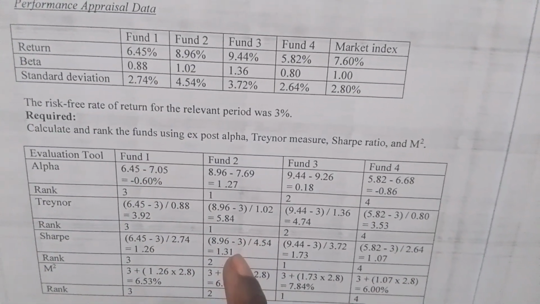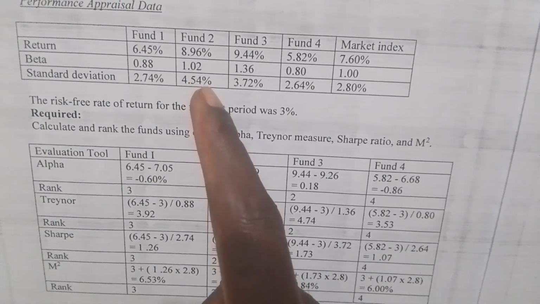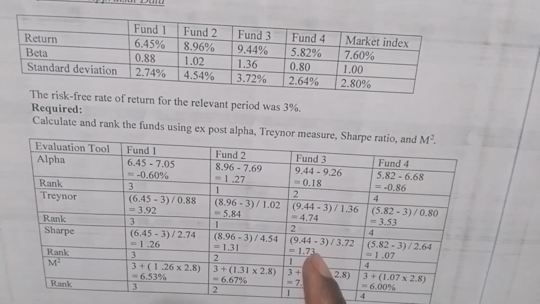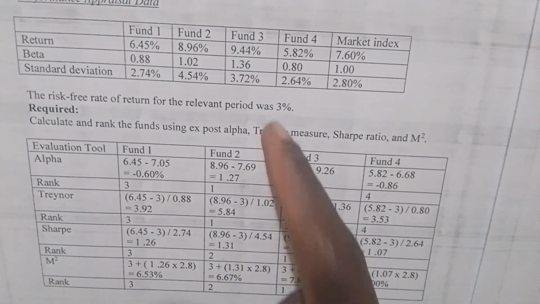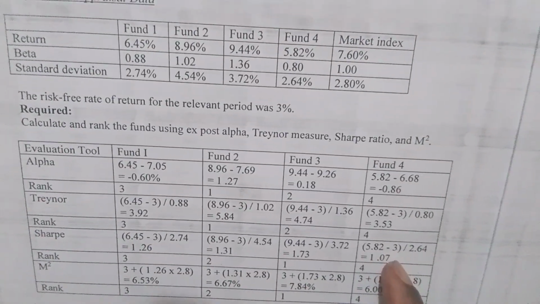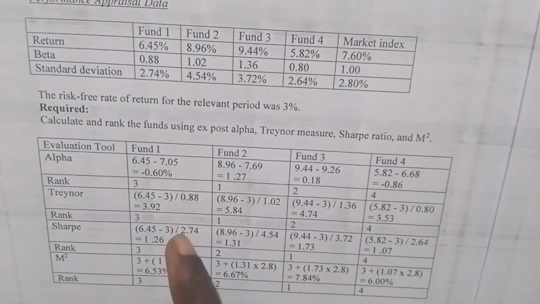For fund 2, you divide by 4.54, which is the standard deviation. For fund 3, you divide by 3.72. For fund 4, you divide by 2.64. And you'll have your Sharpe's ratios here.